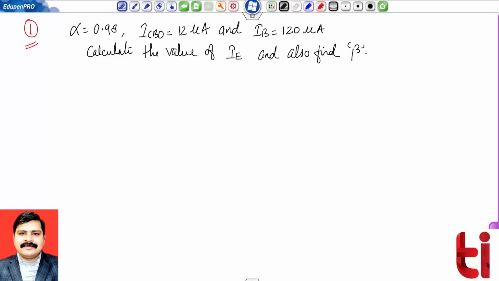So this is the data given: alpha, reverse saturation current for common base configuration, and IB.